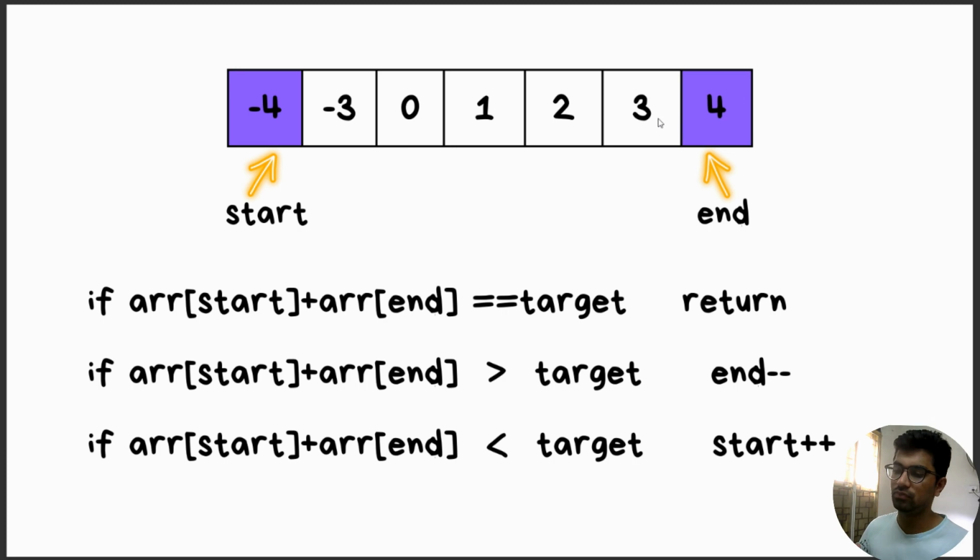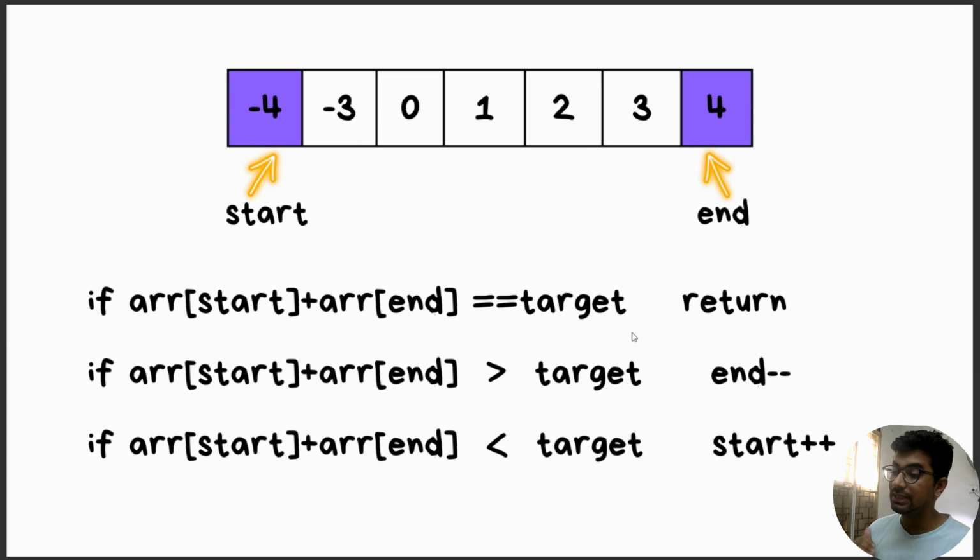Whenever the sum is greater than target, it means the number we have chosen is very large, so we have to decrease it. We will move end towards left, and whenever we move left, we are decreasing the number. We cannot move start left, but we can move end left. So we do end minus minus, meaning decrementing the end by 1.